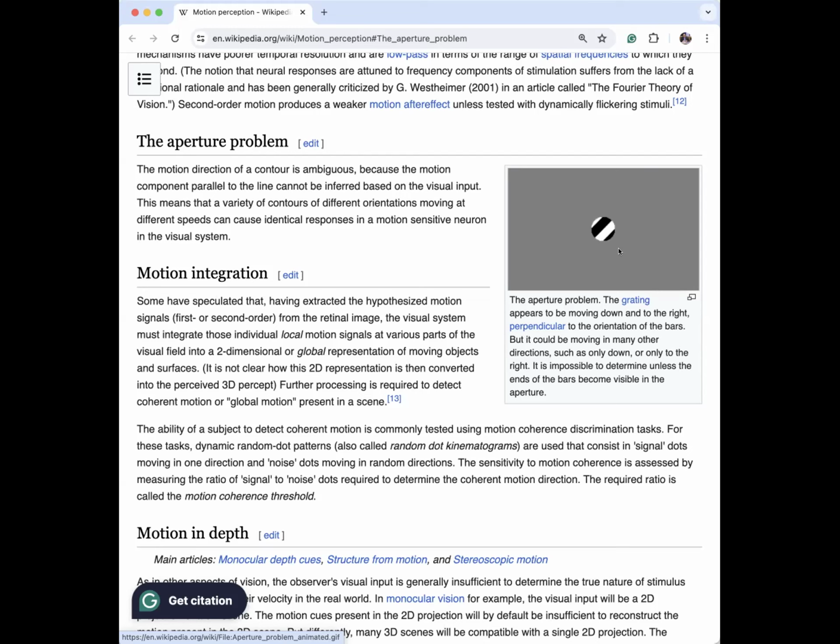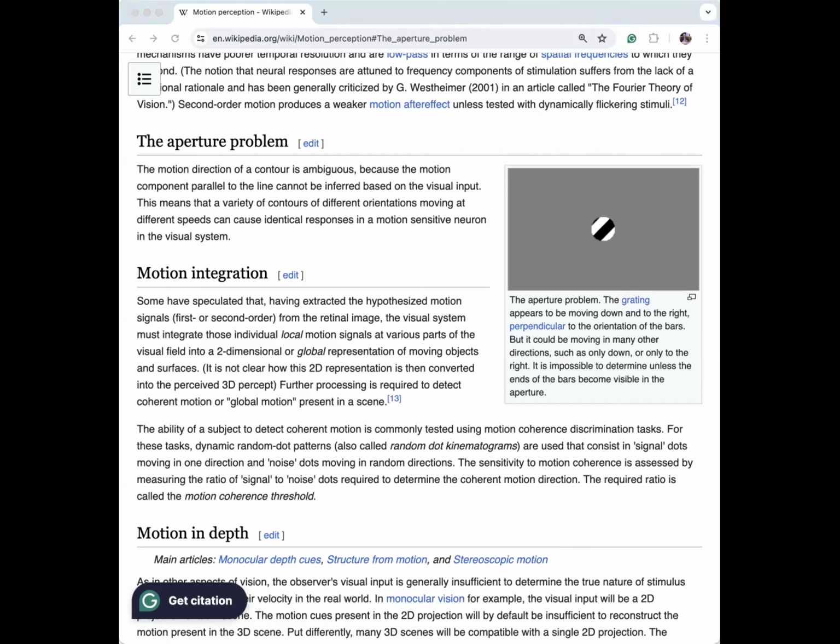In fact, what we see there could be moving in many other directions, for example only down or only to the right. So it's impossible to determine unless the ends of those bars become visible through this hole, which is the aperture. And we have this aperture problem, and this aperture problem leads to our optical flow equation so far not working.